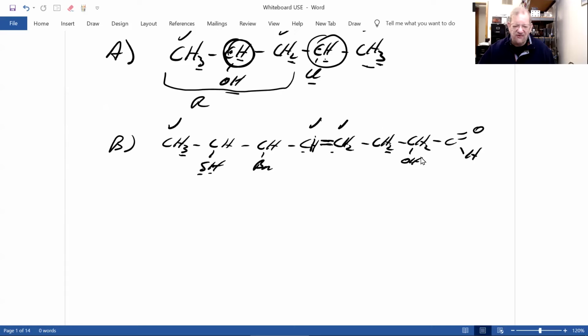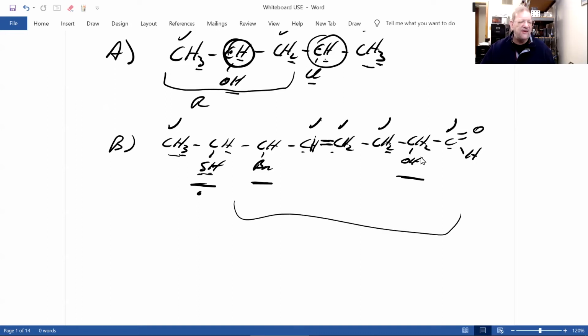CH2, 2 or more are the same, it's out. And this carbonyl carbon is double bonded to oxygen, that's out. So we just have this and this carbon to consider. If we look at the first one, we have a hydrogen, a thiol group, a methyl, and then all this, and it's all different. So that would be a chiral carbon.